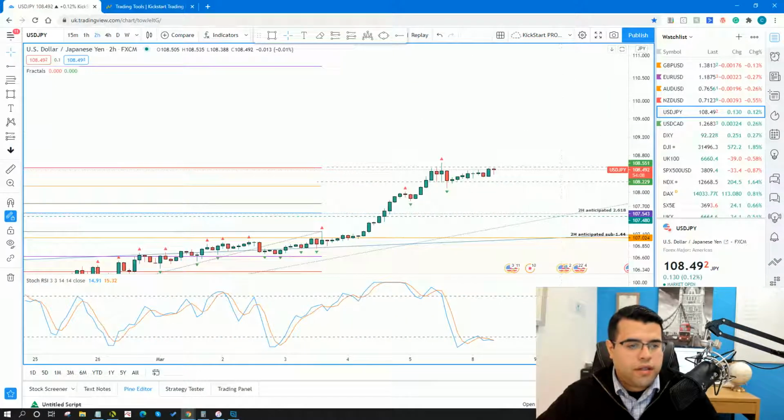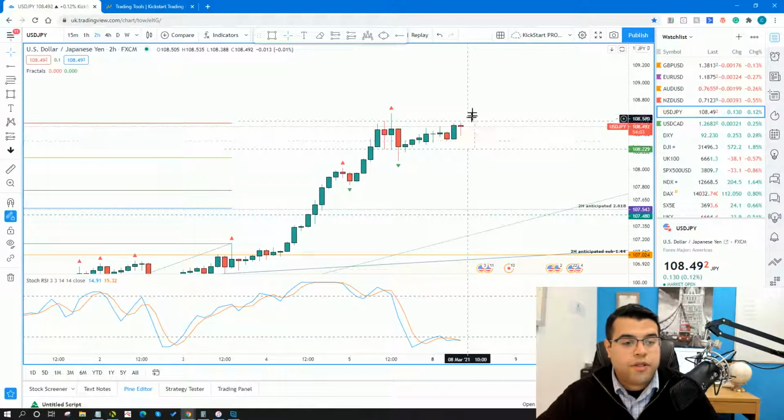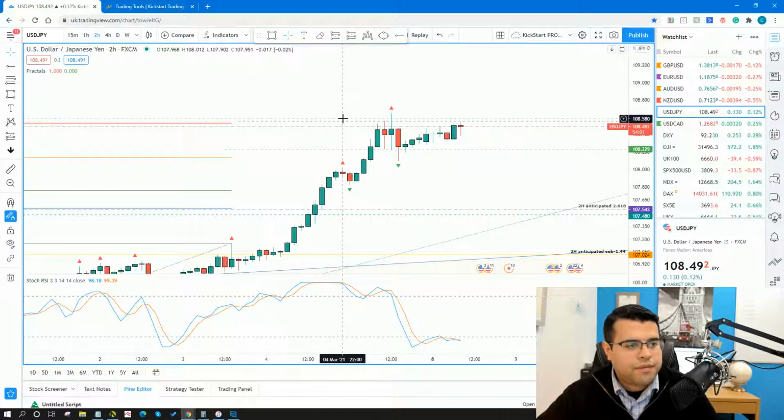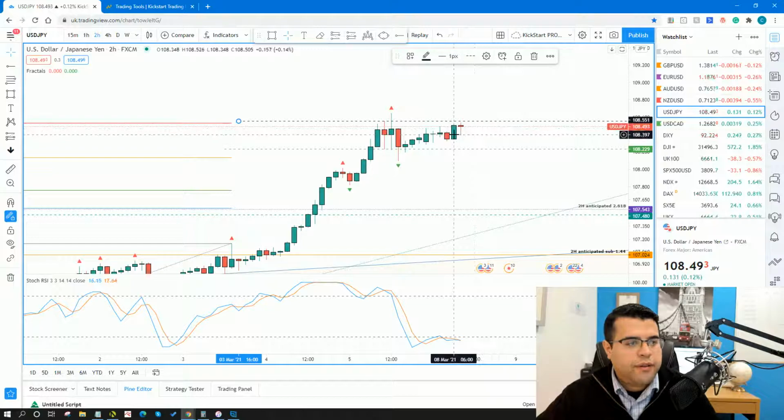And actually, I thought I was. So I actually started to set this up and I never finished. So let me actually set this up right now in real time. So again, as I mentioned, I'm looking to get in at 108.55. The high here, as you can see, of this previous candle was 108.52.